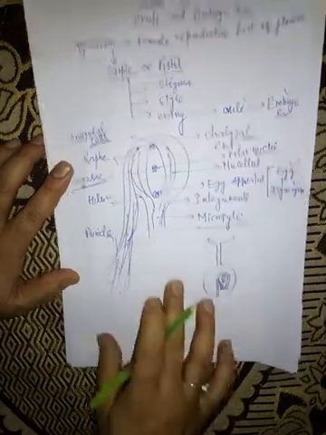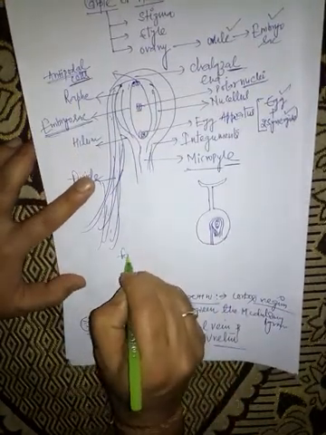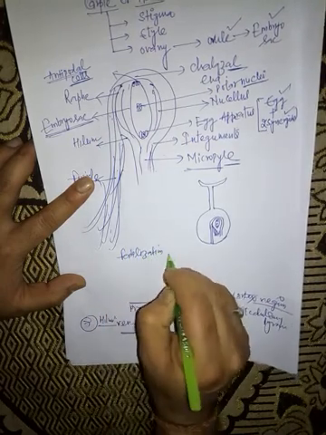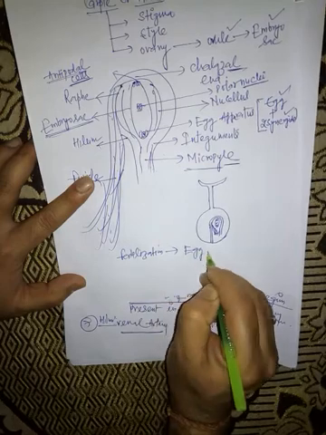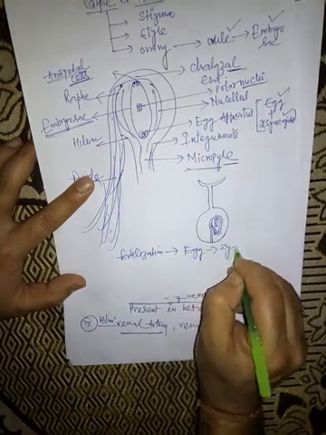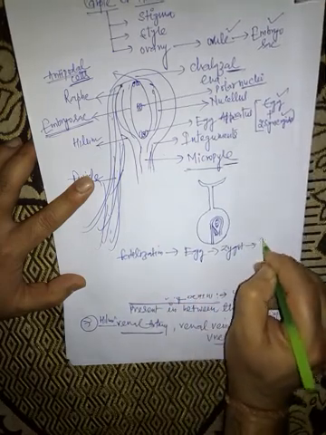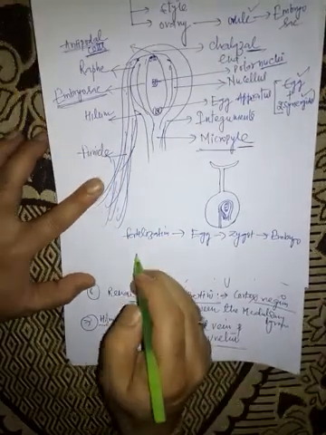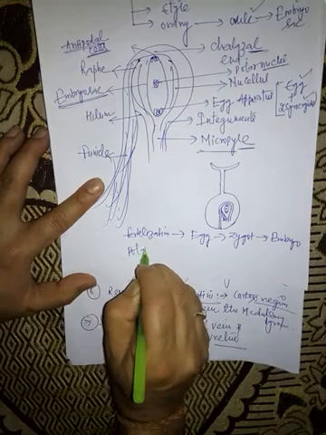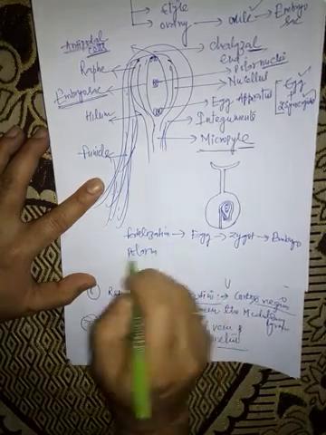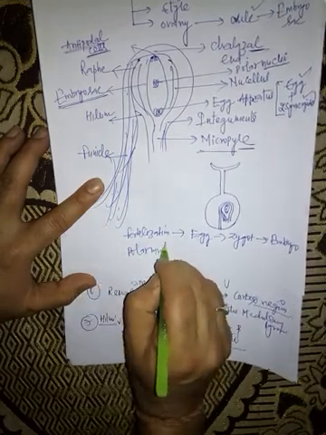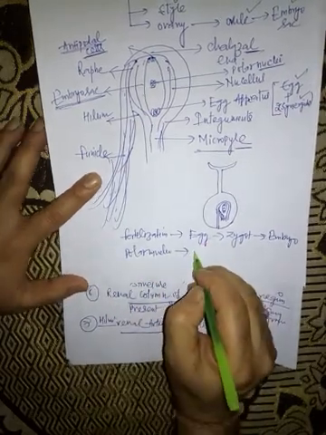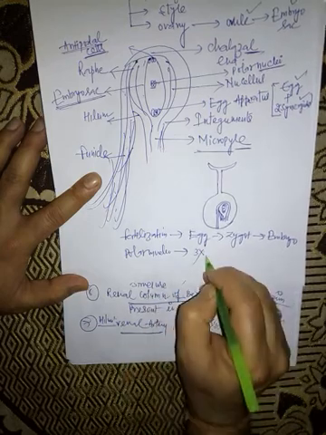So the egg, after the fertilization, forms zygote, and zygote forms embryo. Then second, the polar nuclei are fertilized by another male gamete, then they form a triple X structure.